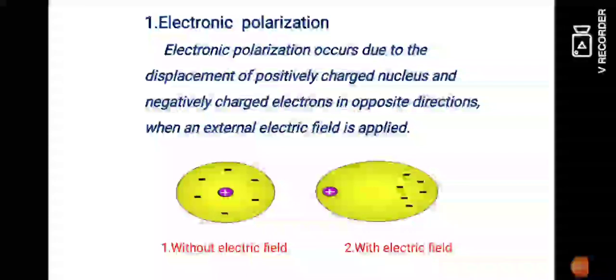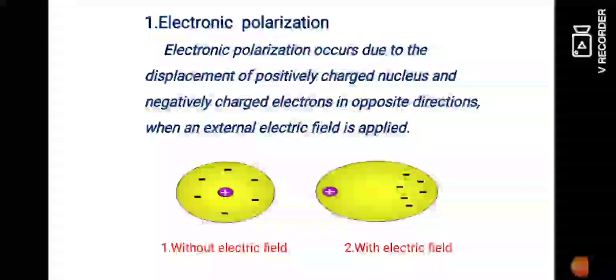Actually, this electronic polarization occurs in atoms. Electronic polarization occurs due to the displacement of the positively charged nucleus and the negatively charged electrons in opposite directions when an external electric field is applied. We know that the atom consists of a positively charged nucleus at its center, and the electrons are revolving around the nucleus in various orbits.